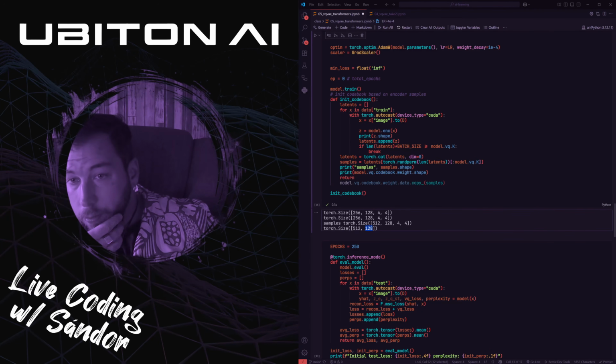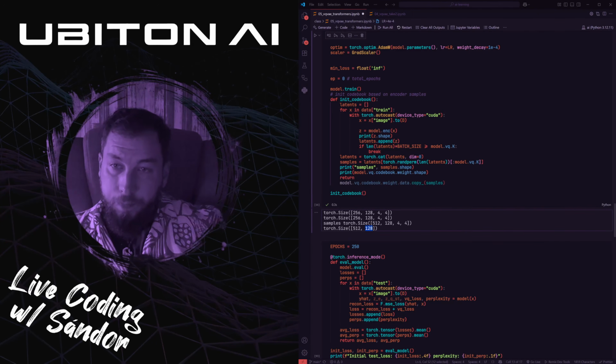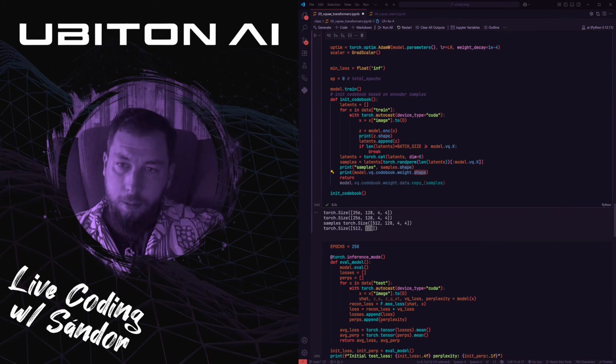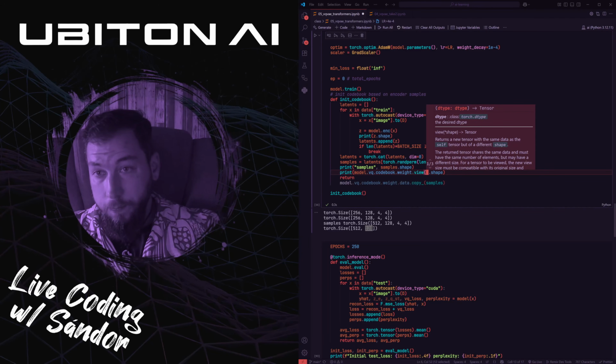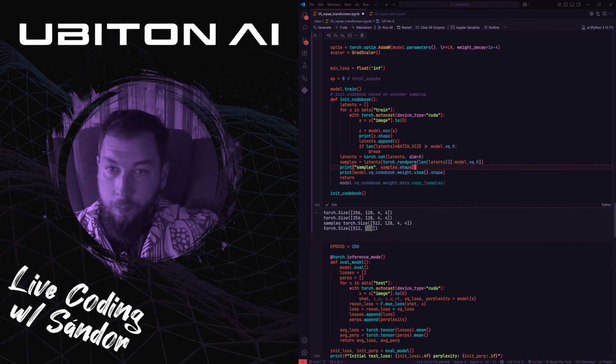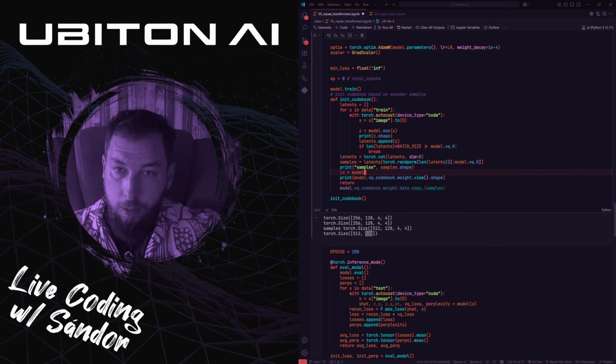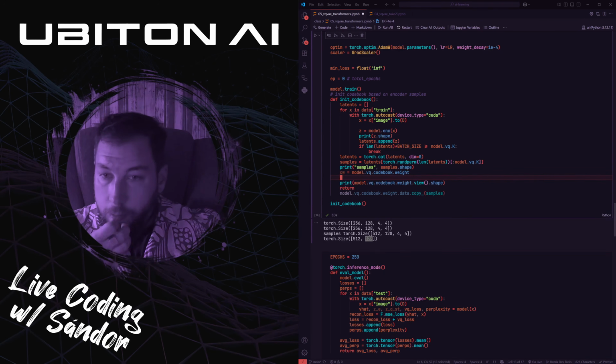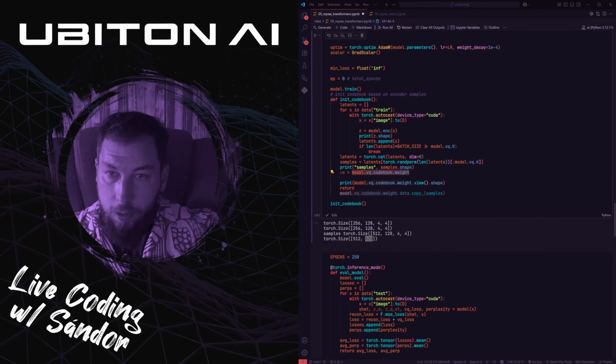So I could reshape, probably. So if I view this as, let's make it model.vq codebook weight, and that's just DK. What I need is the samples actually.